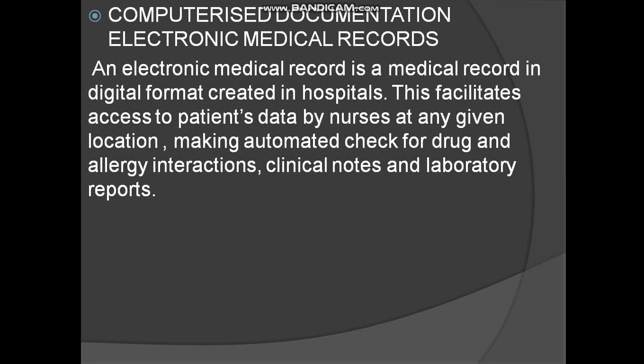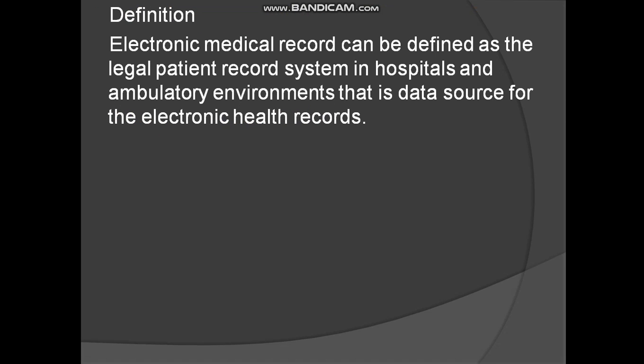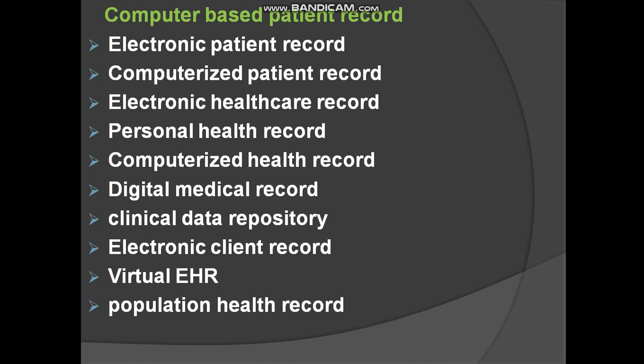Electronic medical record is a medical record in digital form created in the hospital. Medical record can be defined as the legal patient record system in hospital and ambulatory environments, that is the data source for electronic health records. Then types.